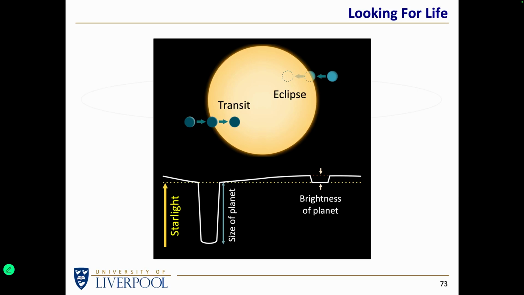I mentioned that these telescopes in principle can look for life on other planets. How do we do that? Well, if you think about the idea of a planet going in front of a star, or indeed behind a star. It'll transit if it crosses the front, and it'll get eclipsed if it goes behind a star.